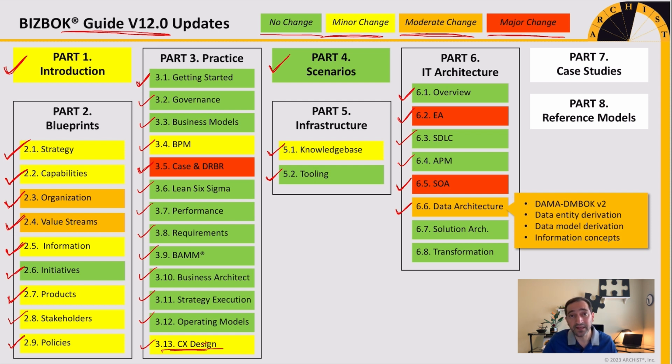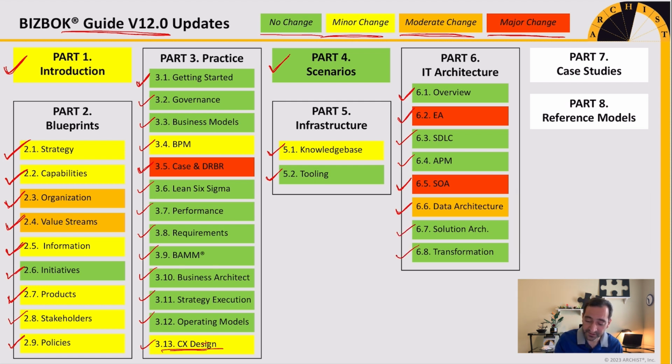And along with that, looking at data model derivation guidelines. So that also been updated in this section, along with the good example on how we can leverage capabilities and information maps, and specifically information concepts, to derive data entities, and also doing the data modeling work in the data management discipline.